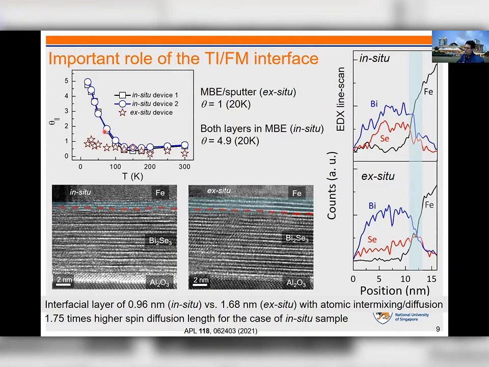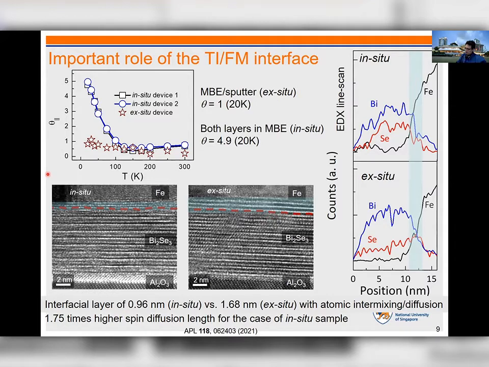This is the intrinsic nature, coming from the surface dominant effect, because the surface band structure is triggered below typically 100 Kelvin. The other origin we found is due to the interface effect.